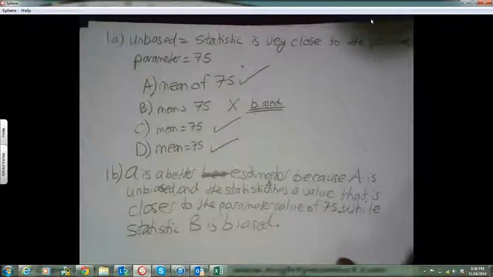And finally, part 1C. Apologize for that brief delay. On part 1C, which statistic, C or D, is better?